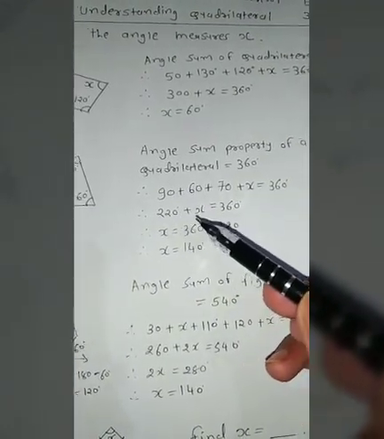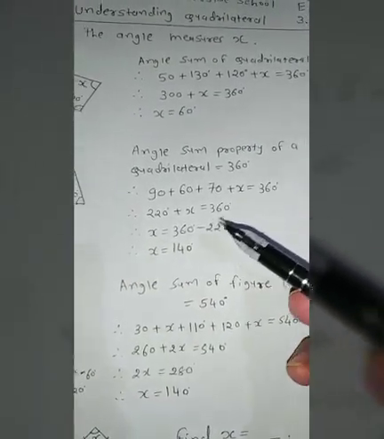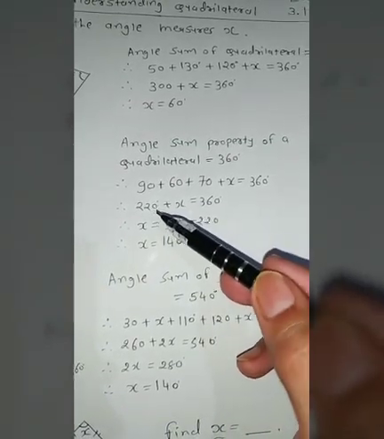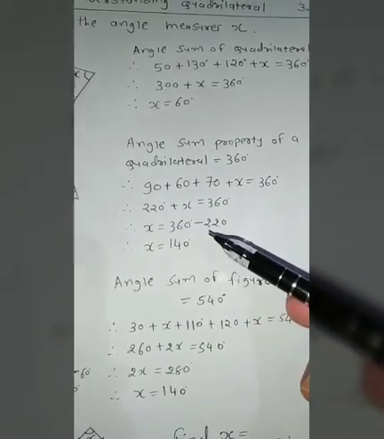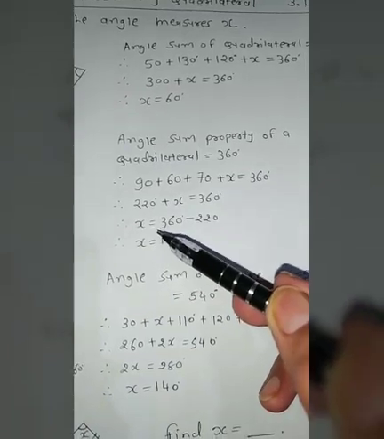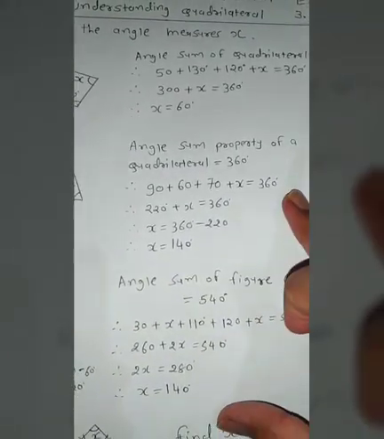So 220 plus x is equal to 360. We subtract 360 minus 220. So we can find x is equal to 360 minus 220. In this way, we find the unknown angle x is equal to 140.